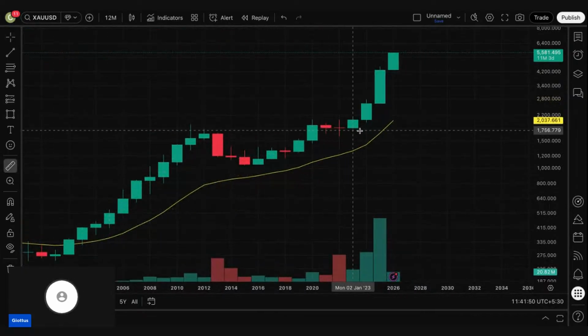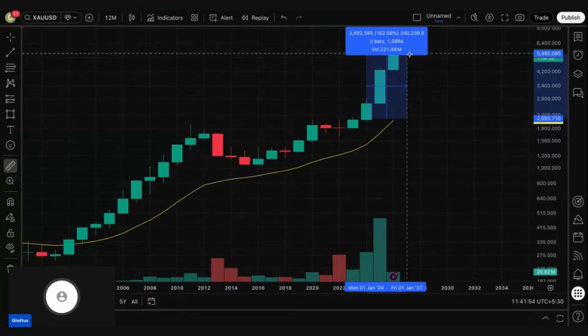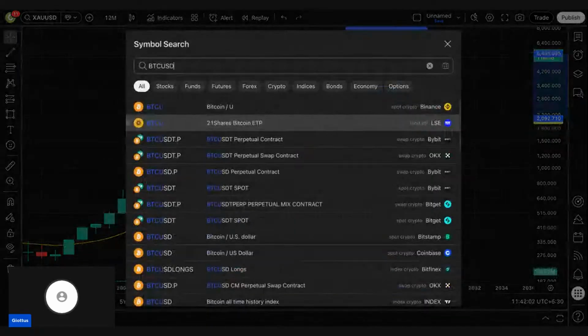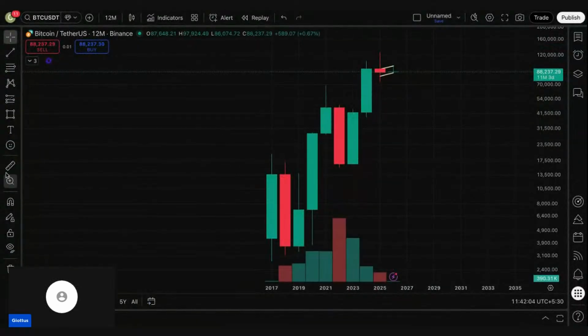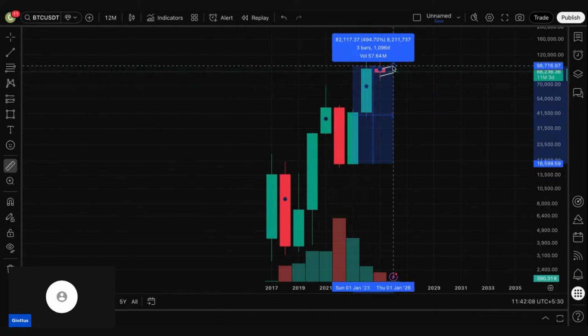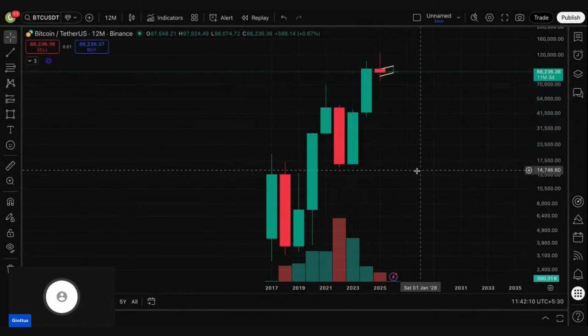Like this, see, guys, in the last 3 years, right, gold has given a return of 160%. No other asset class must have given that. BTC, if you check the last 3 years, okay, BTC has given a better return.